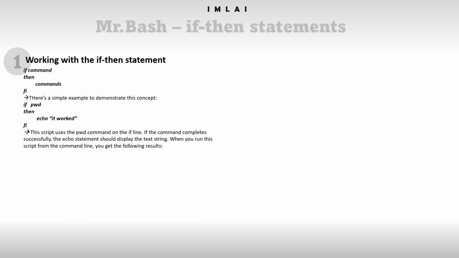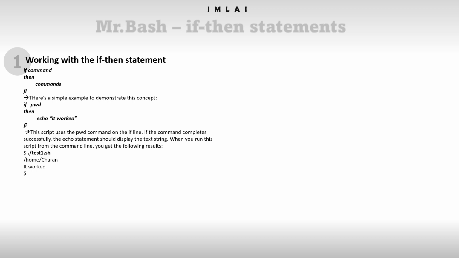When you run this script from the command line, we should get the following result. It will show you the present working directory, and then it will also print the string that we have mentioned in the then section.